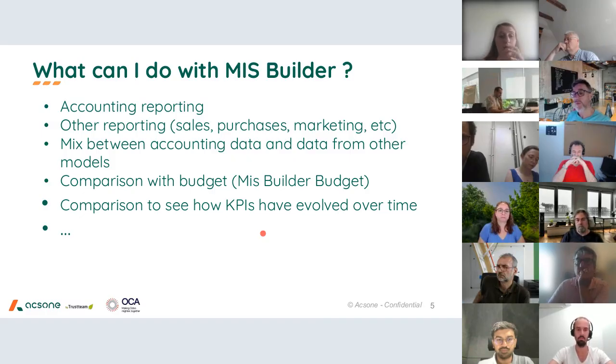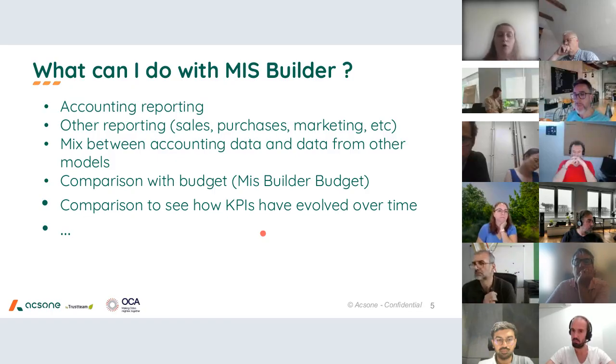For example, if you want a report with the indirect cost and split this indirect cost with the number of employees, or with the timesheet module to have an average indirect cost per hour.